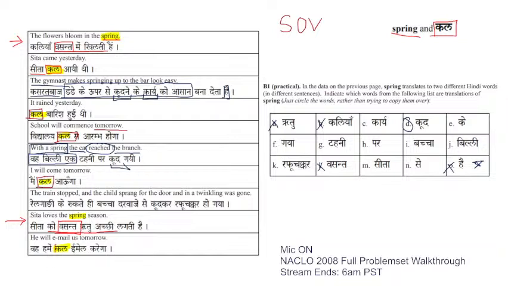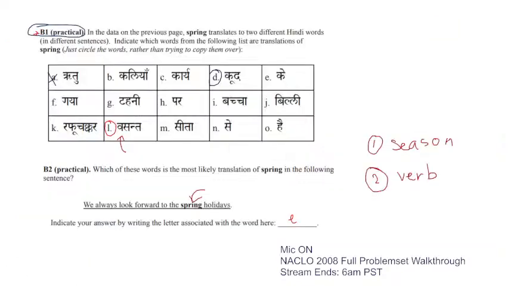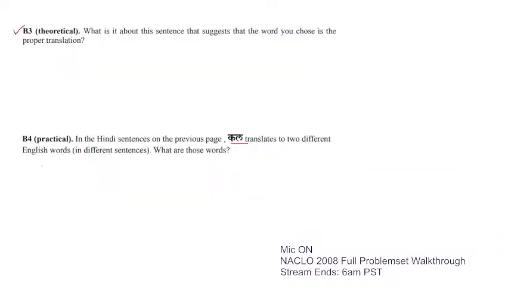Yeah. So they all have words indicating time. So I'm just going to say time words. So we're going to say yesterday, and tomorrow.